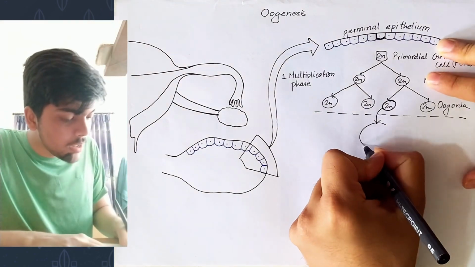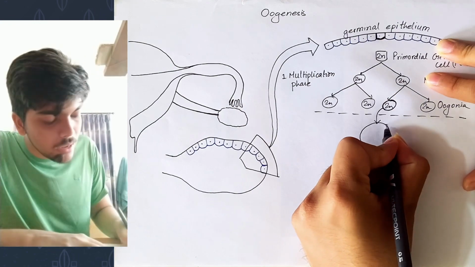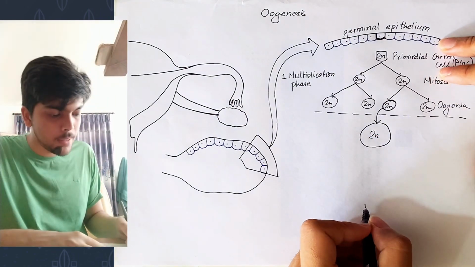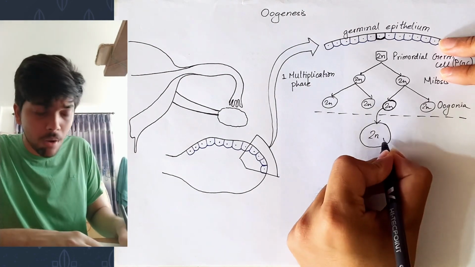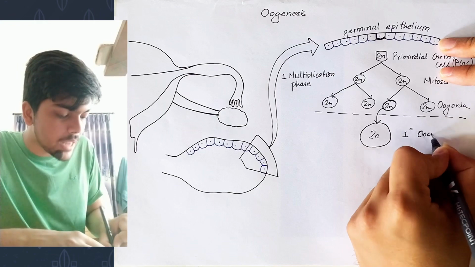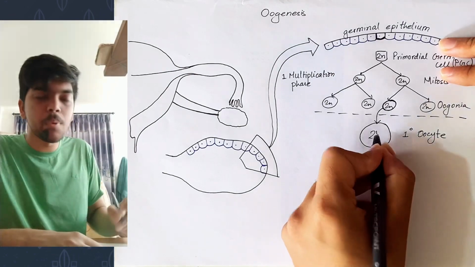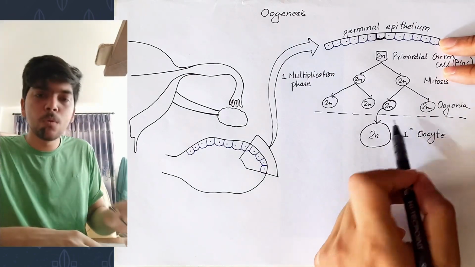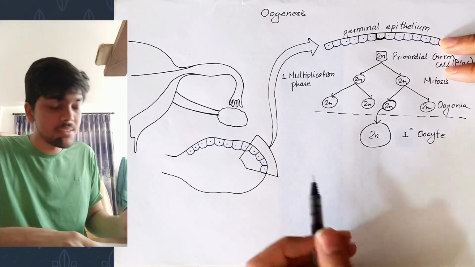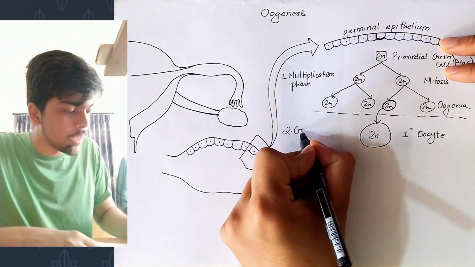And this cell that is formed is called primary oocyte. Since in this particular step, the number of chromosomes has not changed, simply the cell has grown in size, it's called growth phase.